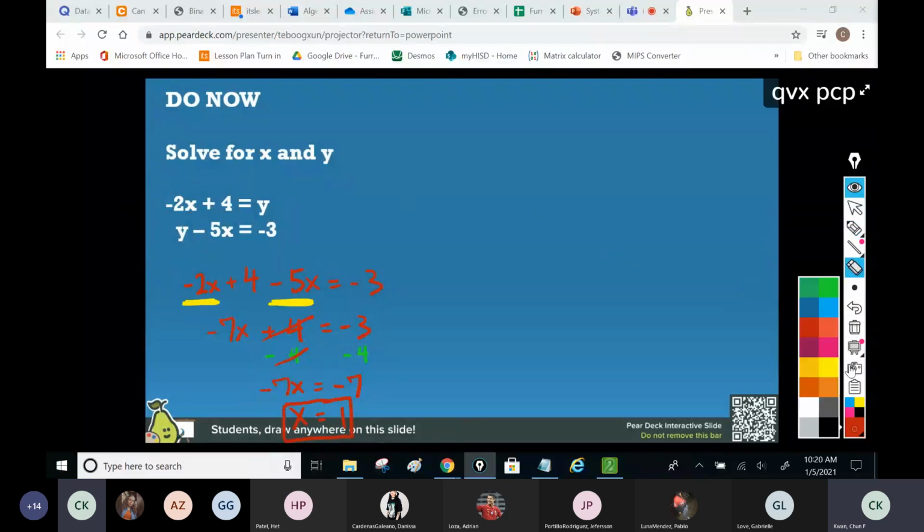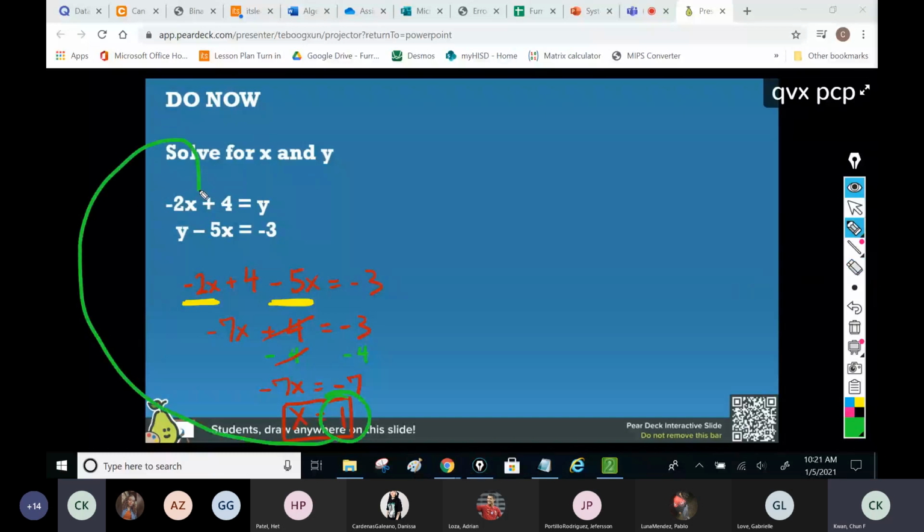So that's one of your answers, x equals 1. And now I'm going to take this, plug it back into one of the equations, replace the x, and then solve for y. So negative 2 times, replace x with 1.